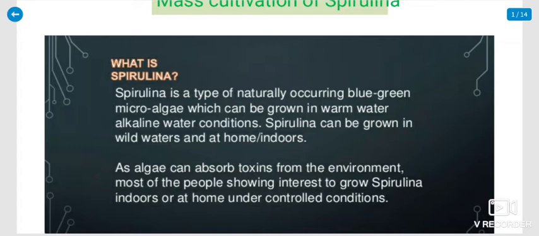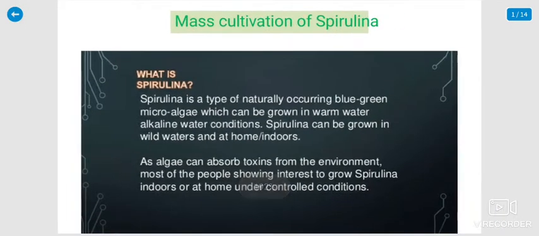Actually, the algae can absorb toxins from the environment. Most people interested in growing spirulina do so indoors or at home under controlled conditions. So it is for mini production in home preparations, and for many small scale businesses also.